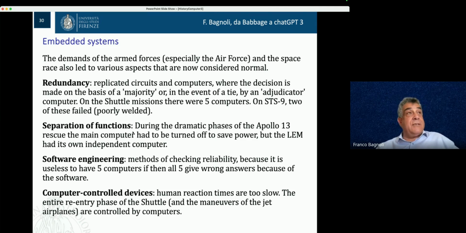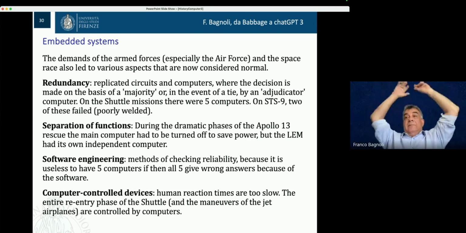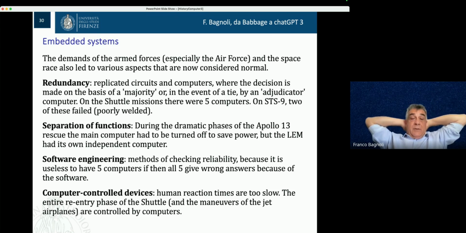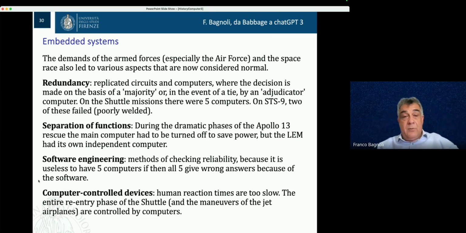Clearly, separation of functions: instead of having one big computer that controls everything, if possible, it is better to have different, smaller computers to work on different subsystems.